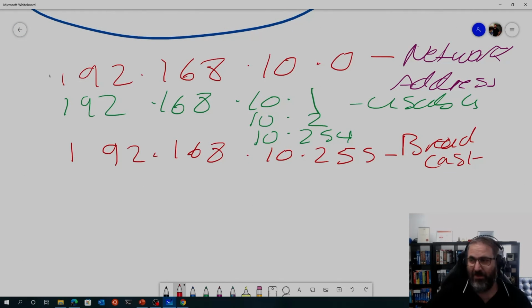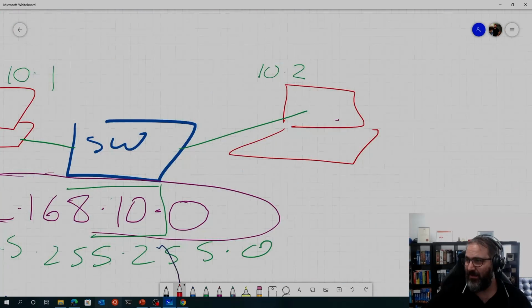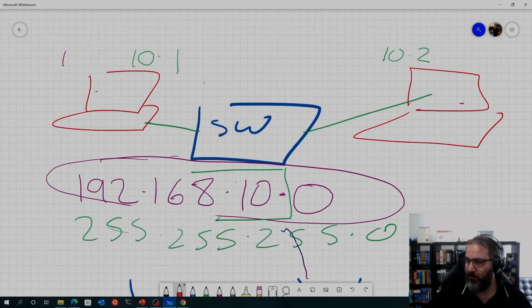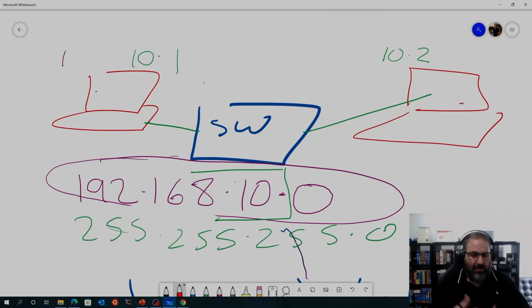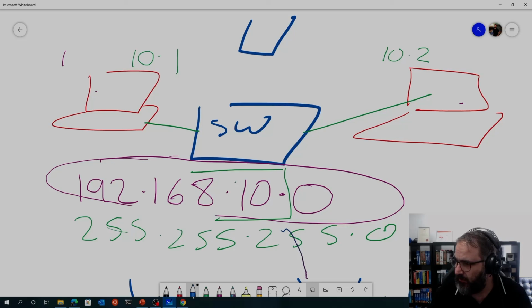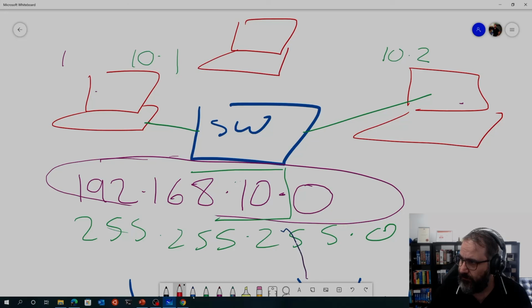So, what's a broadcast address? Let's go back down to my diagram. Sometimes in the networking world, say I've got many computers, and this computer here doesn't know exactly where to send something.